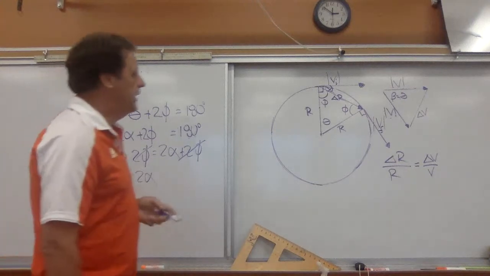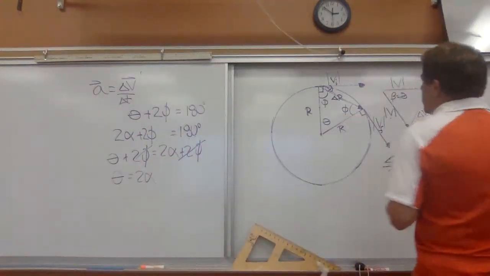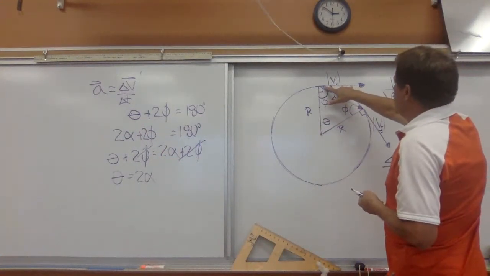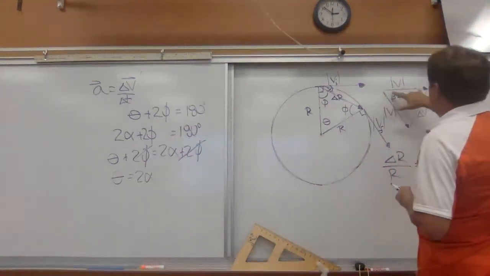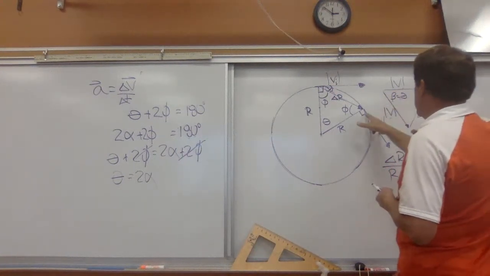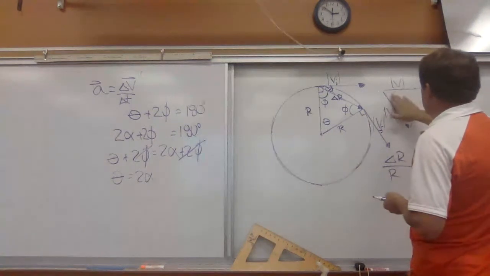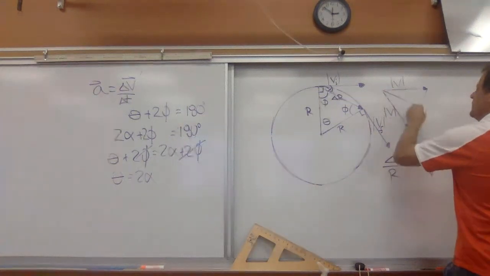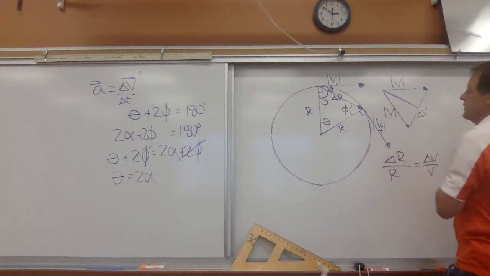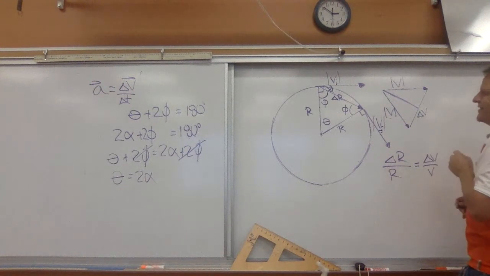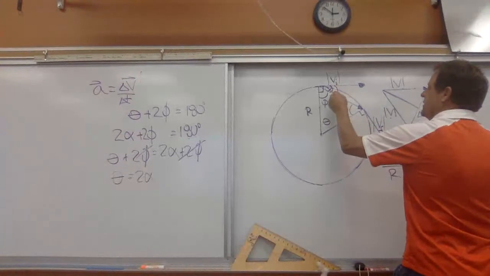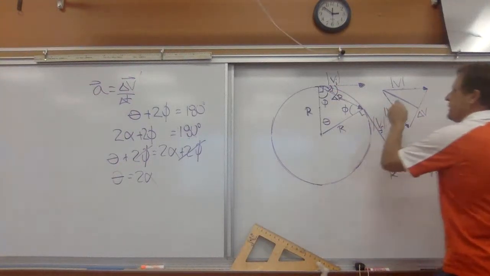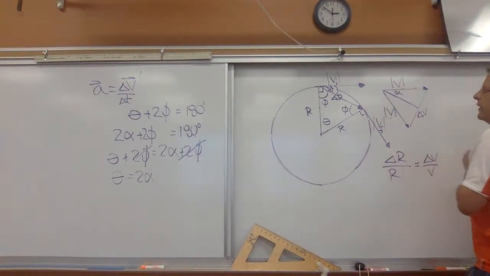Okay, and remember that we can pick up this angle right here and put it there, and we can pick up this one and put it there. If I take this and bisect it, we can see that this angle right there is going to be alpha.